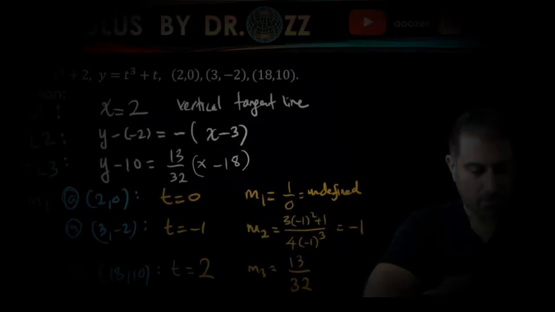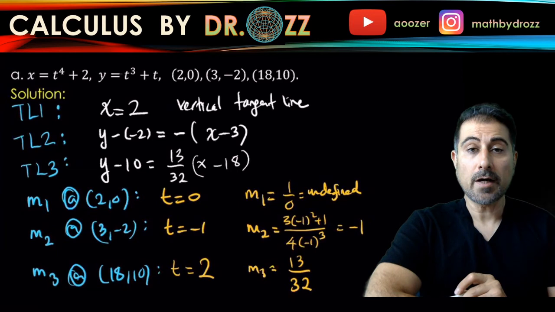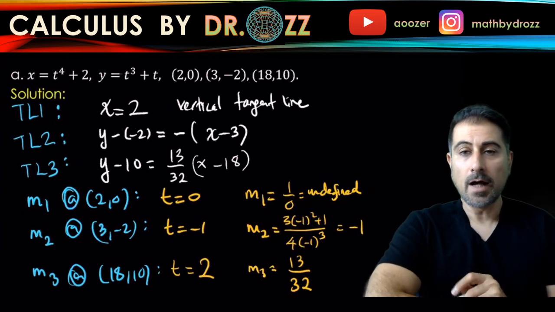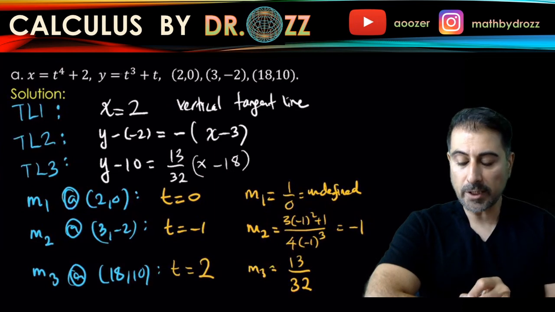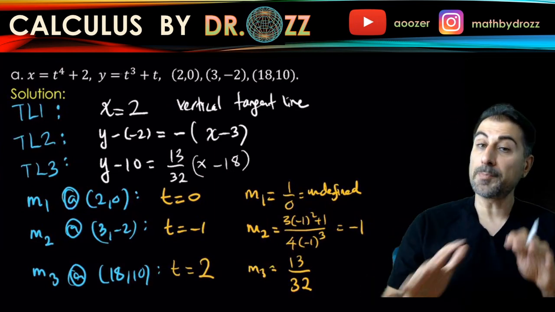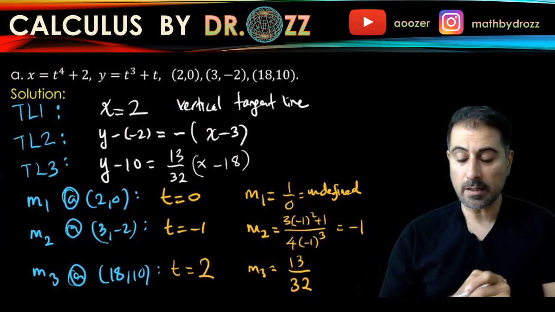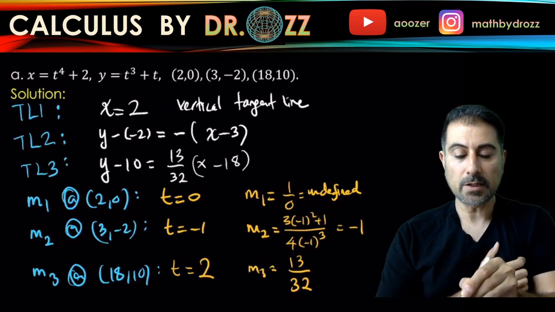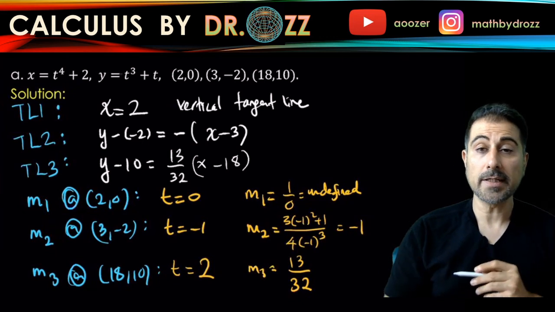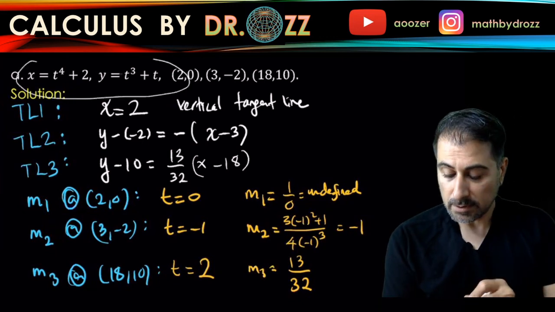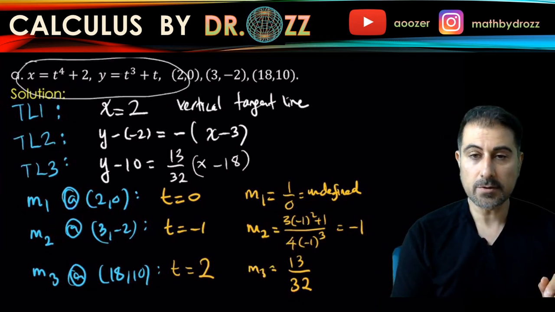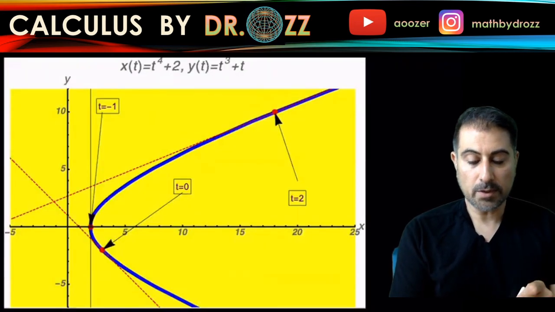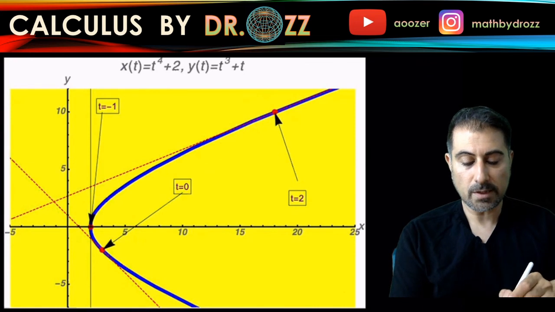All right, we're done. But I want to show you the graphs here, because we have 3 different tangent lines to the curve at different locations, and I want you maybe to pause the video at this moment and graph the parametric equations together with the tangent lines. Okay, so we have 3 different tangent lines, and here we go. That's what we got, just to give you some visuals. So we have one point corresponding to t equals 0, which is right here.